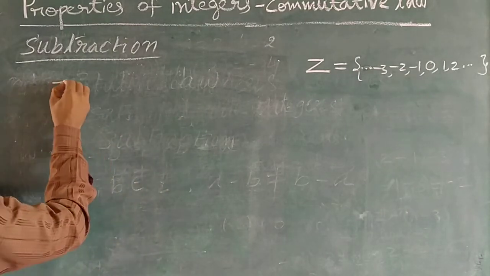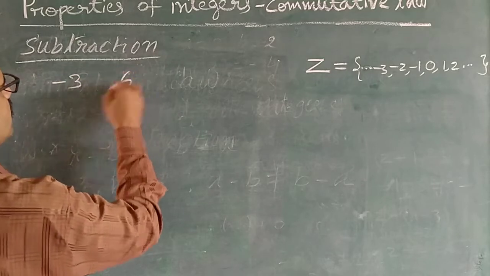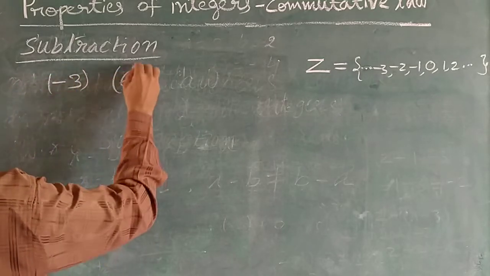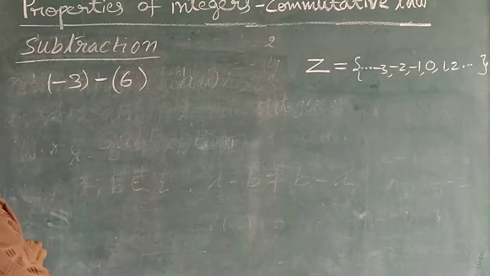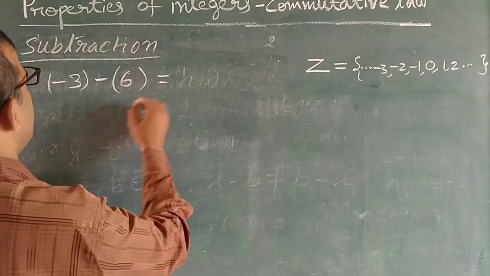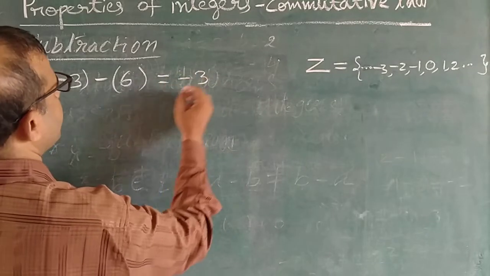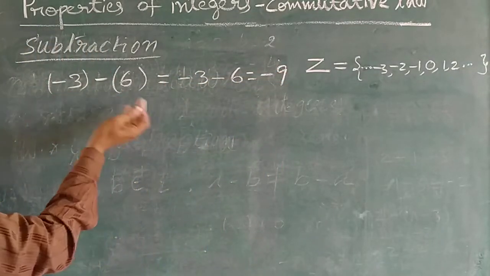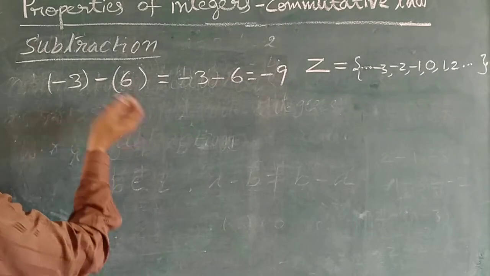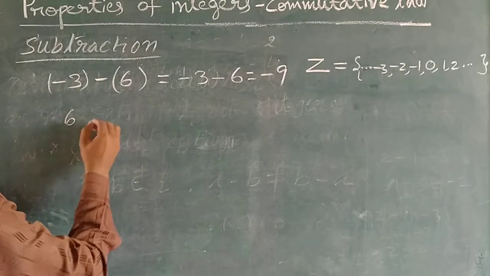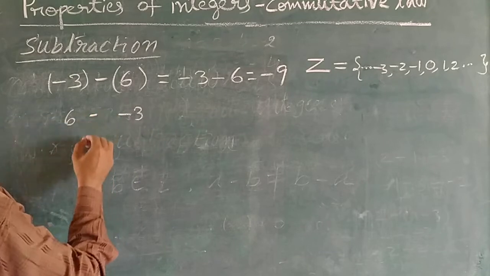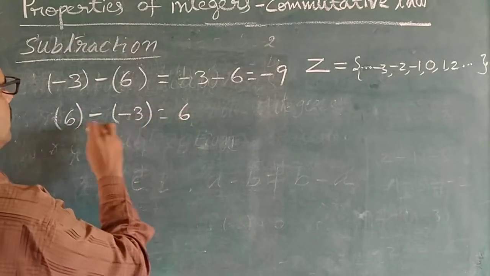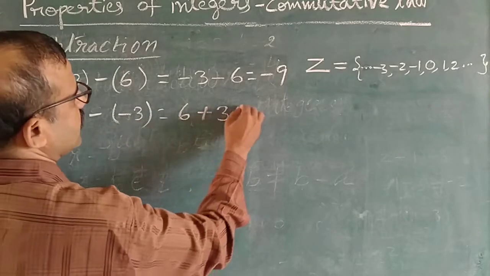Suppose we take one negative integer, minus 3, and one positive integer, plus 6. So what is the subtraction? Minus 3 minus 6 equals minus 9. Again change the order, a minus b, again b minus a: 6 minus minus 3. Again the subtraction symbol. So that equals 6 plus 3, equal to 9.